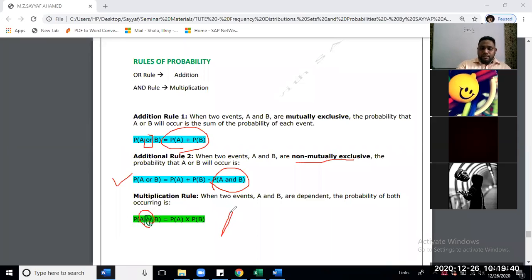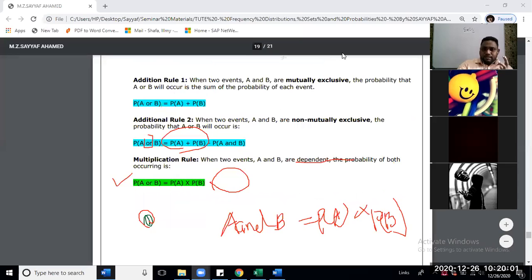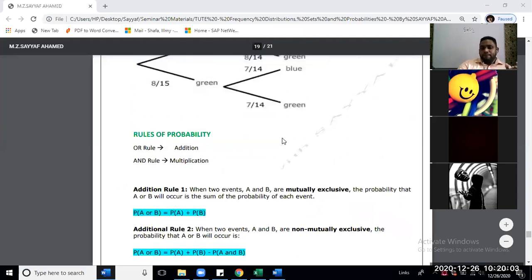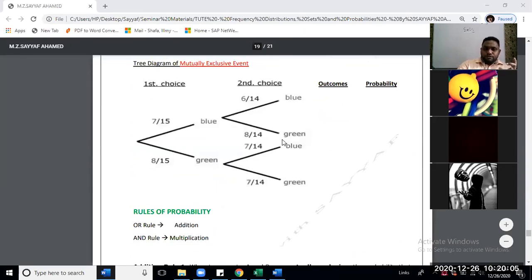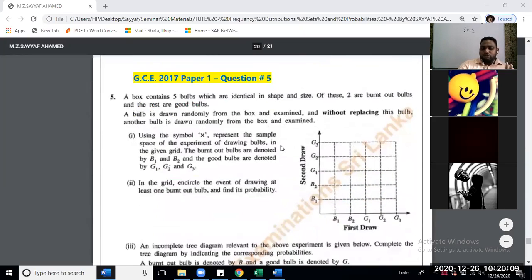It has to be probability of A and B equals probability of A into probability of B. Please mark that, only that difference. While we do a question, we will discuss this in detail because you will understand even more clearly. For this purpose, I have chosen one paper question, that is your 2017 paper 1 question number 5.